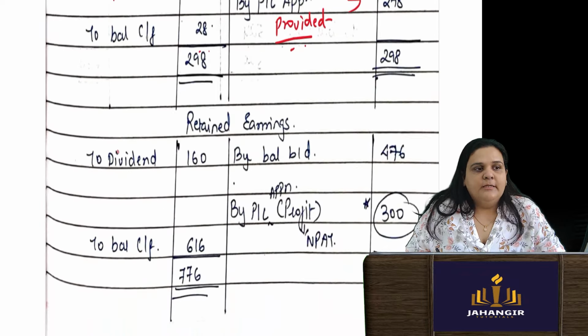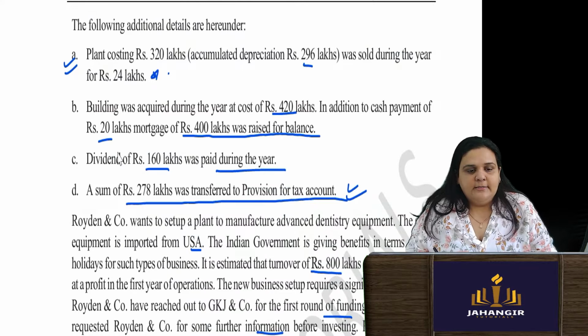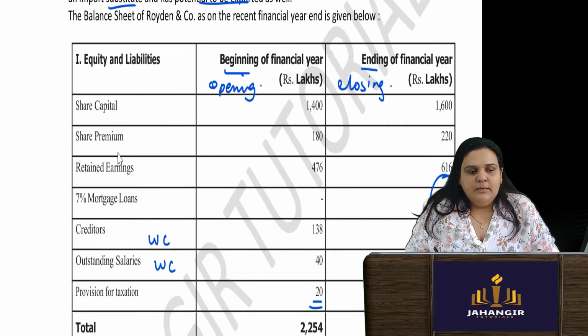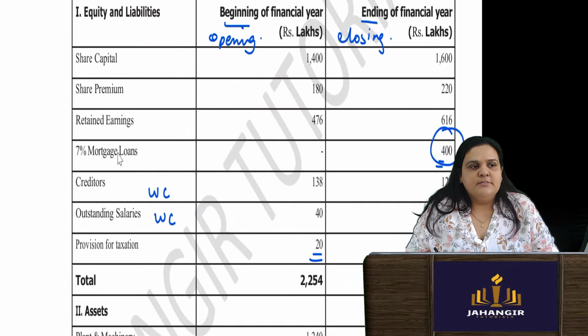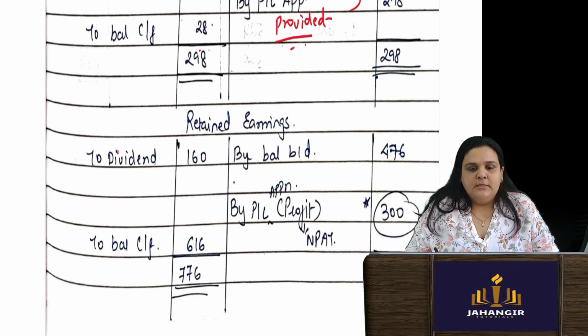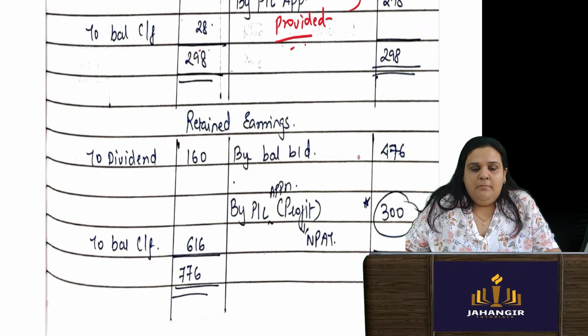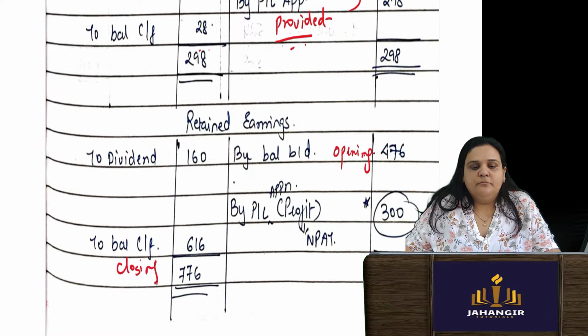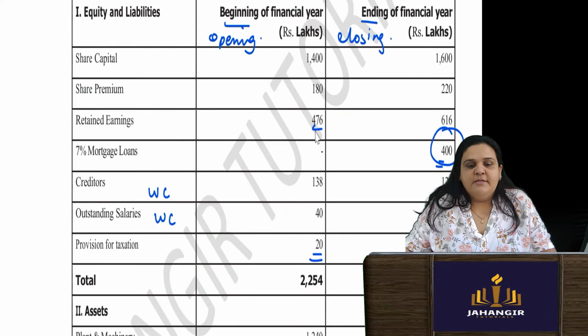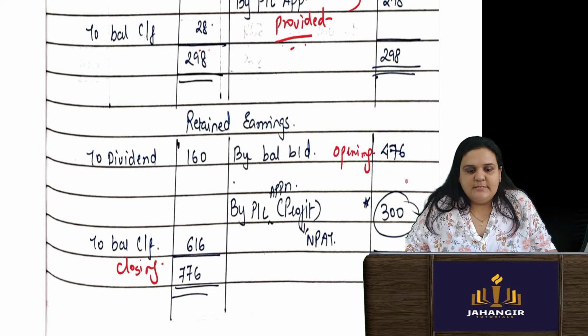Right. Then I have made a ledger of my retained earnings. Instead of PNL, they have given me retained earnings, 616 and 476. So by balance brought down, opening, closing. 476 is opening, closing is 616, right?